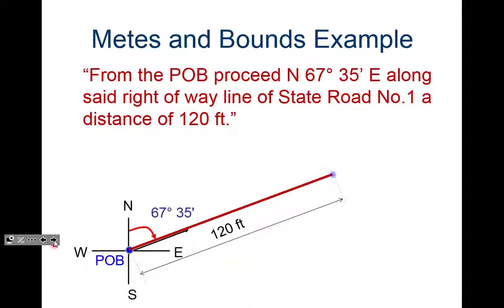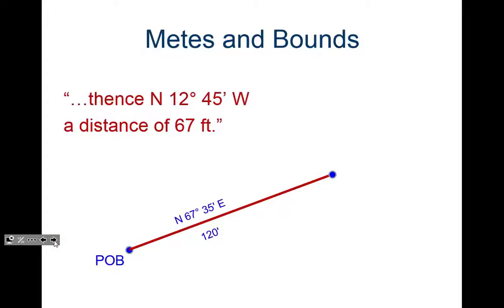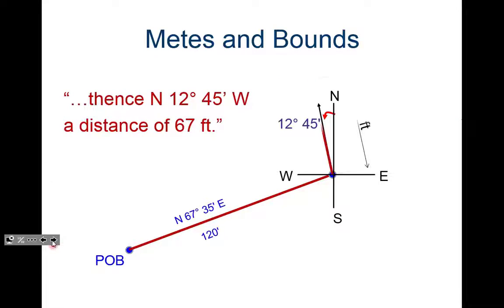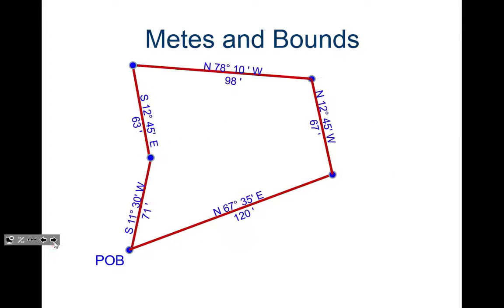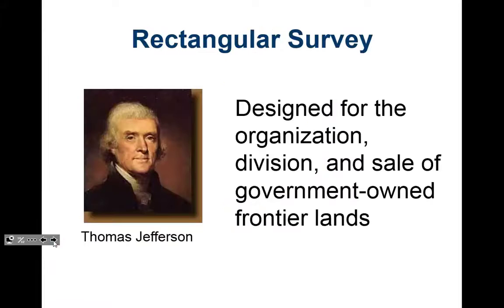Then when I get to that 120 feet, it gives us some more directions: north 12 degrees, 45 minutes west, a distance of 67 feet. And then from there, we would find whatever property line we were looking for. And here's a longer one to do a perimeter of maybe someone's property.